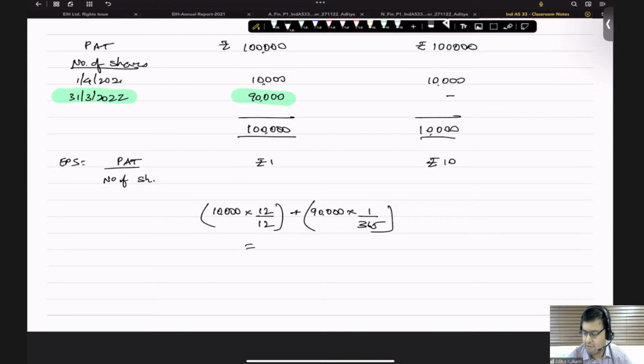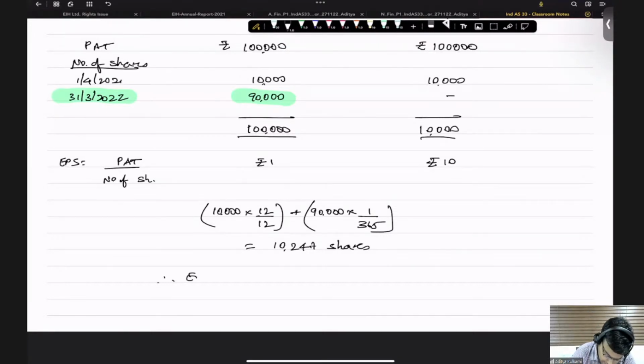So if I have to calculate the weighted average number of equity shares, 90,000 divided by 365 gives me 247 shares. So my total shares is 10,247 shares. This is just weighted for time.